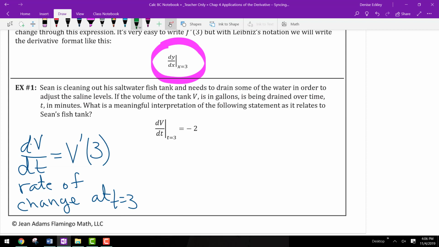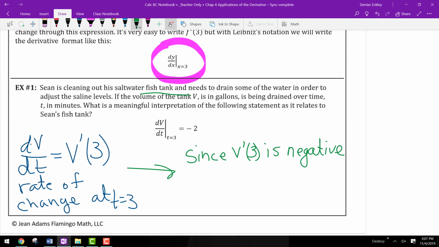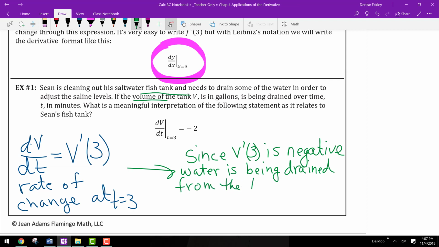Since V prime of 3 is negative, we want to go back to what's happening with the tank. We're talking about a fish water tank, and we're talking about the amount of water, the volume in the tank. So since it's negative, water is being drained from the tank. So we have a negative rate.